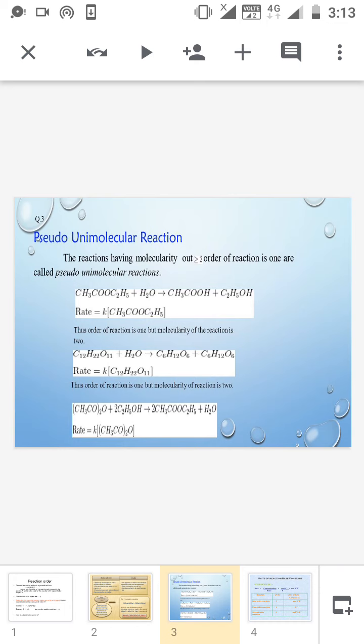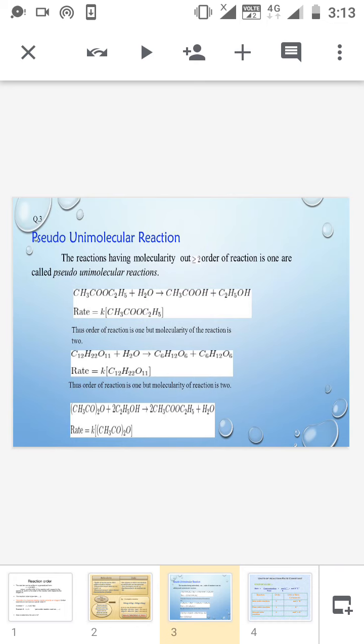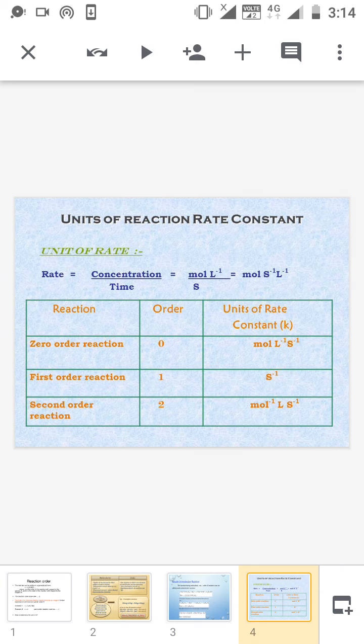Now we are moving into the unit of a reaction rate constant. What is the unit of a rate? The unit of a rate is equal to the change in concentration divided by change in time. The unit of concentration is moles per liter, divided by second.